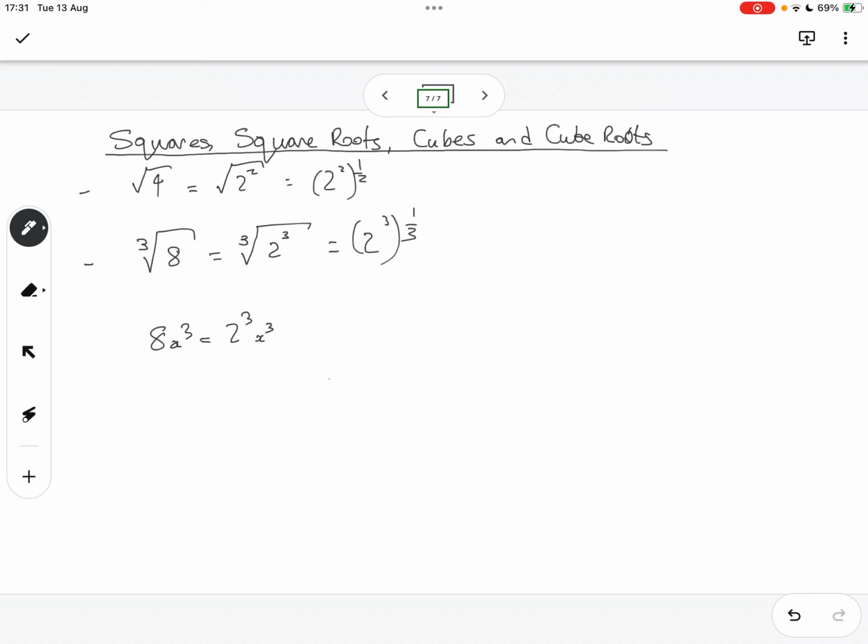So let's quickly look at what prime numbers are. Do you remember what prime numbers are? 2, 3, 5, 7, etc. Those are prime numbers.